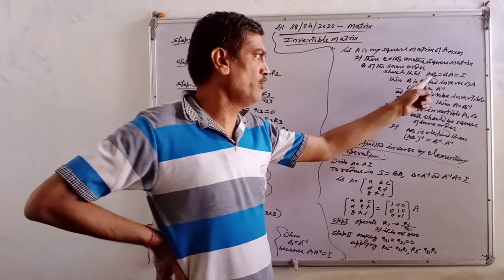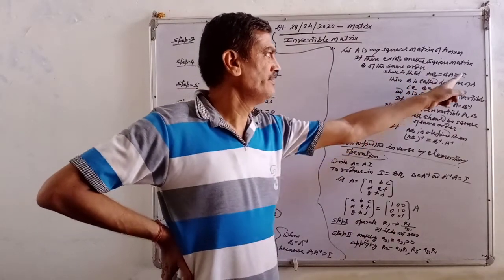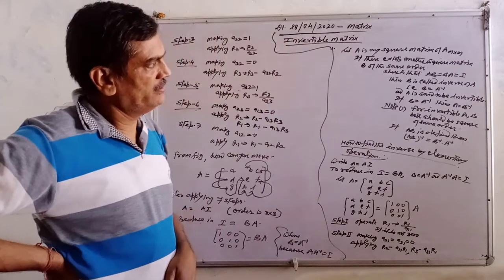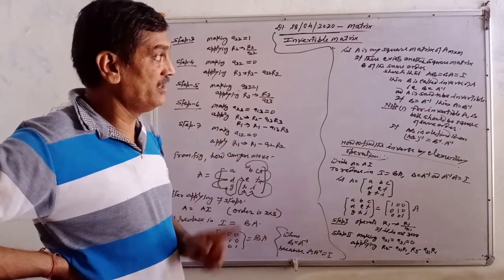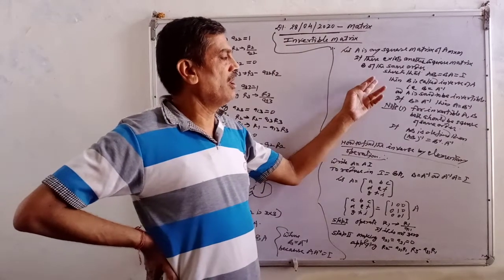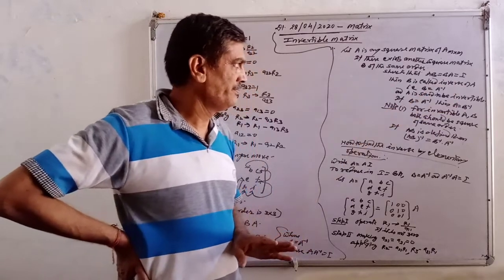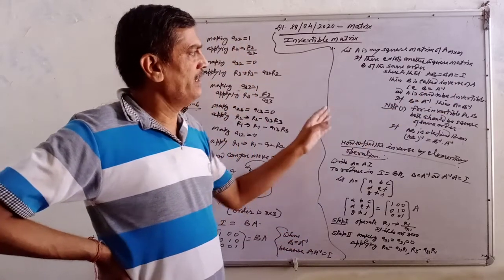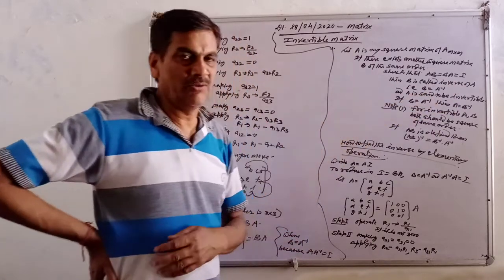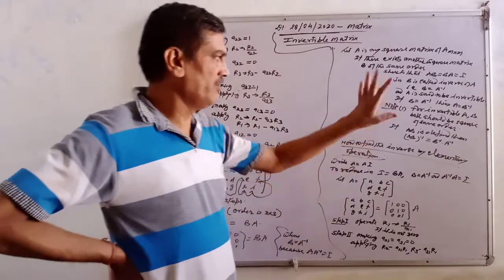when you find the product of A and B and the product is I, meaning the unit matrix, then B is called the inverse of A, and here A is said to be an invertible matrix.